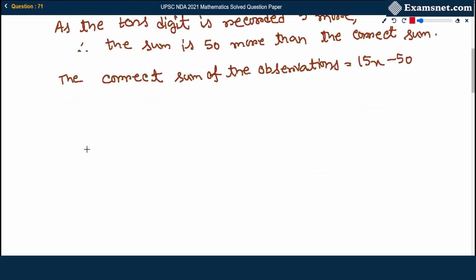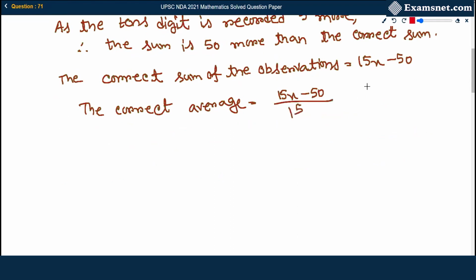Okay, so the correct average is 15x minus 50 by 15, since there are 15 observations.